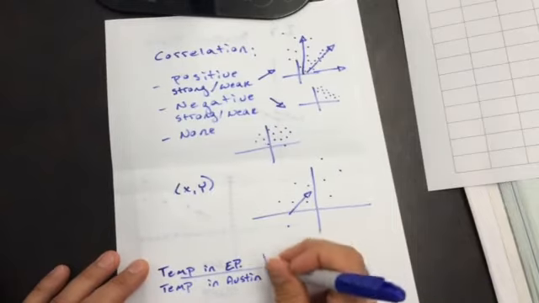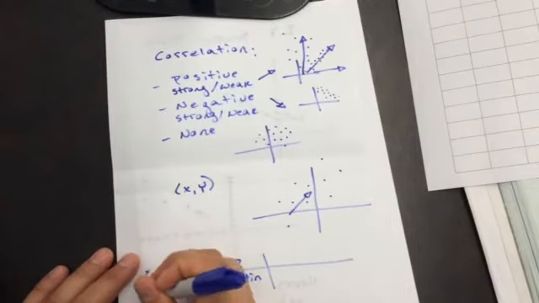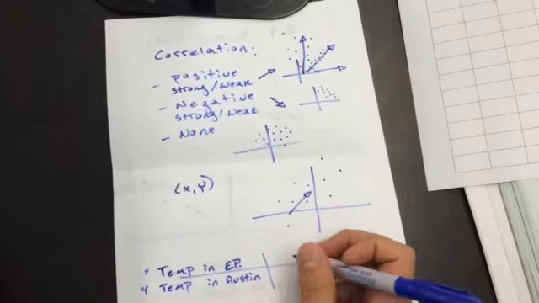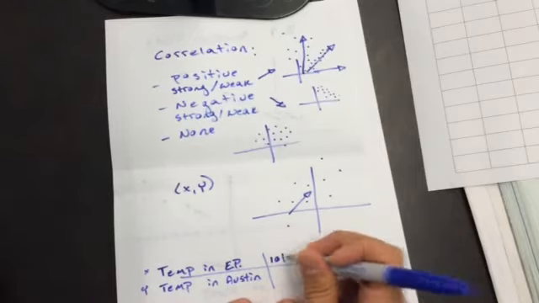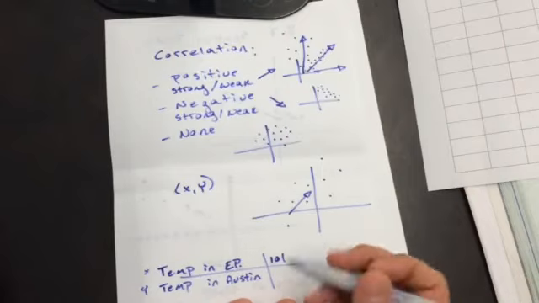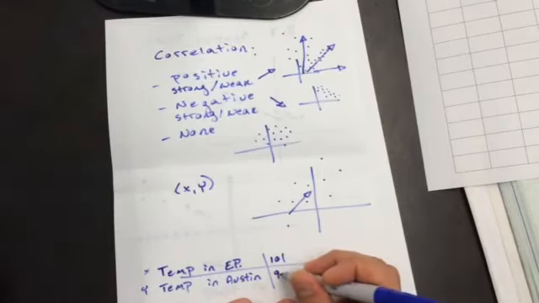I just want you to use this one as your X and this one as your Y. So we're going to look at two temperatures, and they don't necessarily correlate with each other, but we'll see.